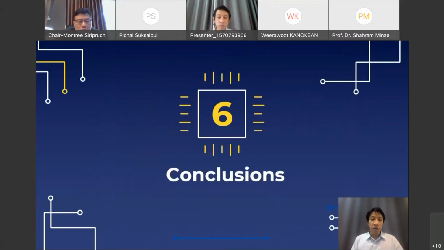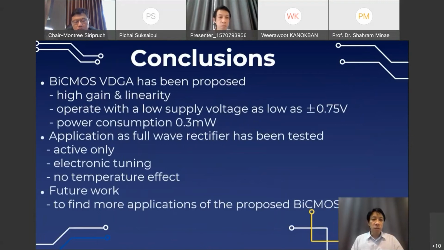And for the conclusion, the BiCMOS VDGA has been proposed, which has the advantages of high gain and linearity. The circuit can be operated with a low power supply voltage of plus minus 0.75 volt, and the power consumption is approximately 0.3 milliwatt.